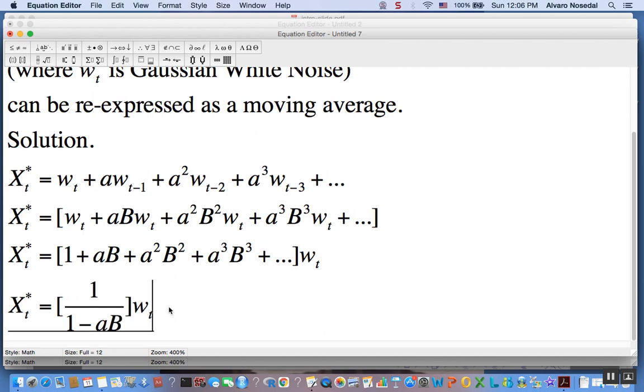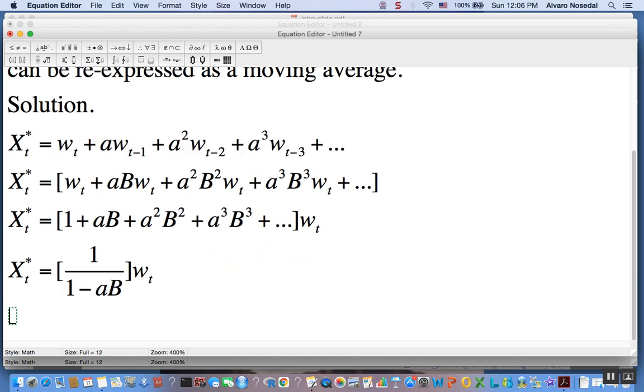And that is provided that the absolute value of a is less than 1.